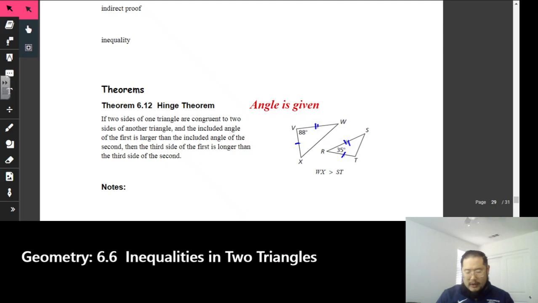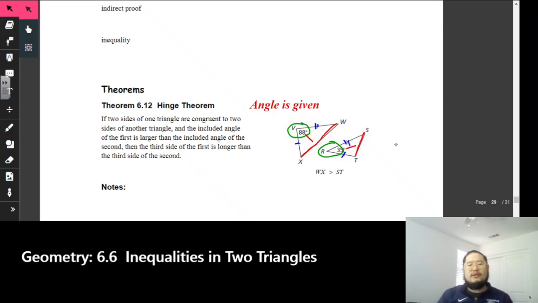Then we want to look at the included angle, the 88 angle V and the 35 angle R. Since this angle, 88, is opposite of our side XW, then XW is going to be greater than side ST, because it's opposite of the 88, while ST is opposite of the 35 degrees. So there is your hinge theorem.